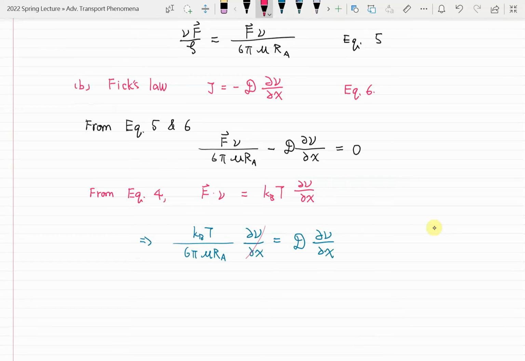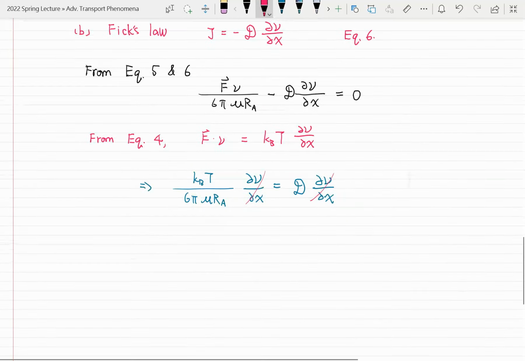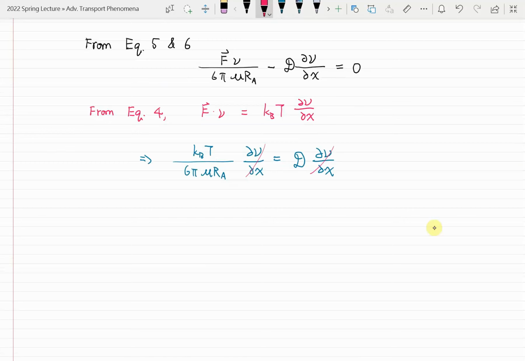Now these two terms can cancel out, and finally we see that the diffusion coefficient equals the Boltzmann constant times temperature over 6 pi mu Ra.